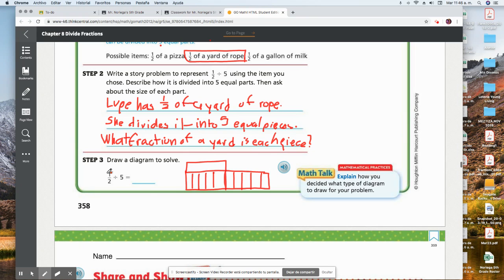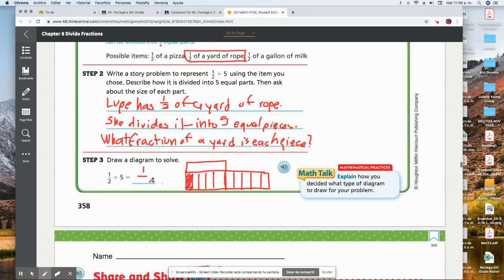Now I look at the numerator of my fraction. What's my numerator? 1. So that numerator tells me that I just need to shade 1 piece. To find the numerator of my answer, I count how many pieces I shaded. 1. So that's my numerator.